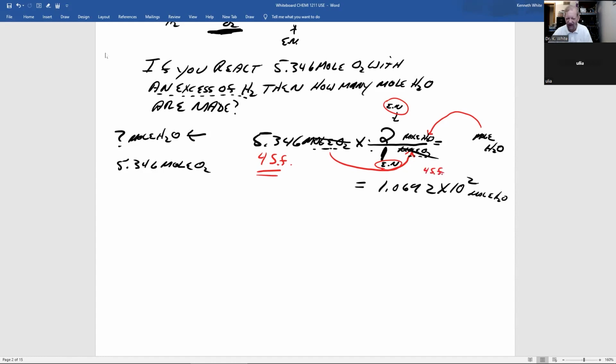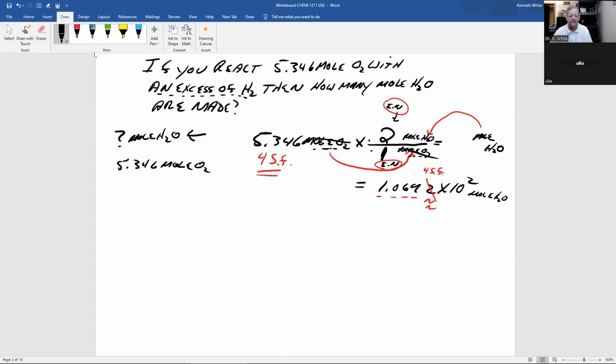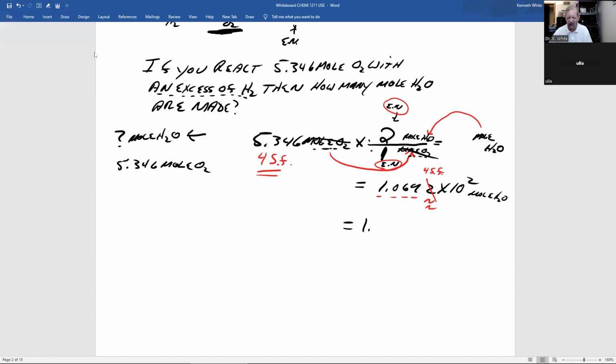And if I round it off, keep the 1, keep the 0, keep the 6, keep the 9, that's my 4 significant figures. Use the 2 to round off, that's 4 or less, so I'll drop that. And the correct answer here is 1.069 times 10 squared, 10 to the second power, moles of water.